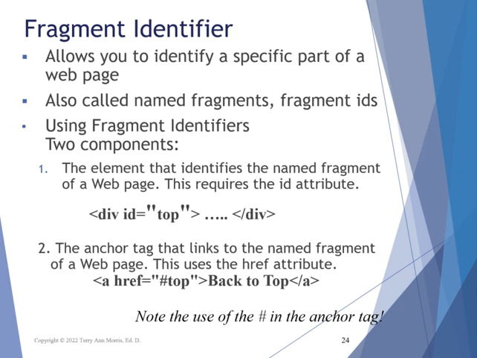The fragment identifier introduced by a hash mark is the optional last part of a URL for a document. It is typically used to identify a portion of that document. The generic syntax is specified in RFC 3986. And lastly, a fragment identifier allows you to identify a specific part of a web page.